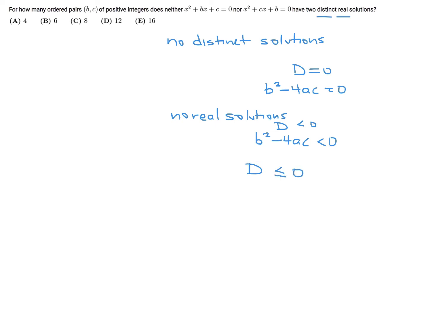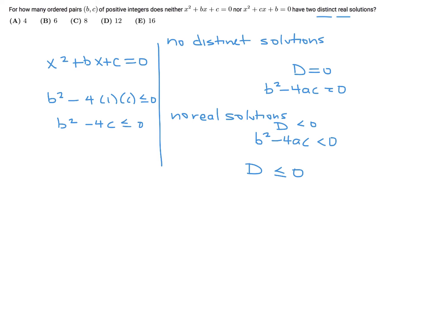For the first equation, x squared plus bx plus c equals 0, the discriminant is b squared minus 4 times 1 times c, less than or equal to 0. So b squared is less than or equal to 4c. Got it?